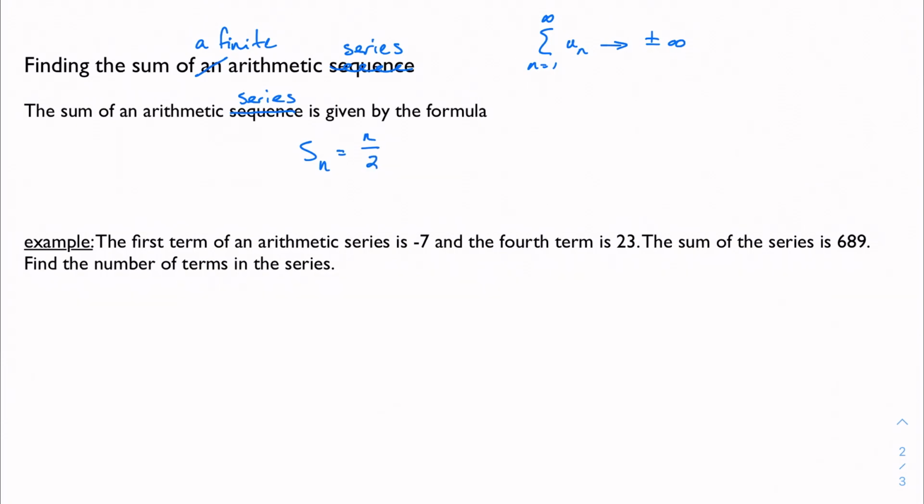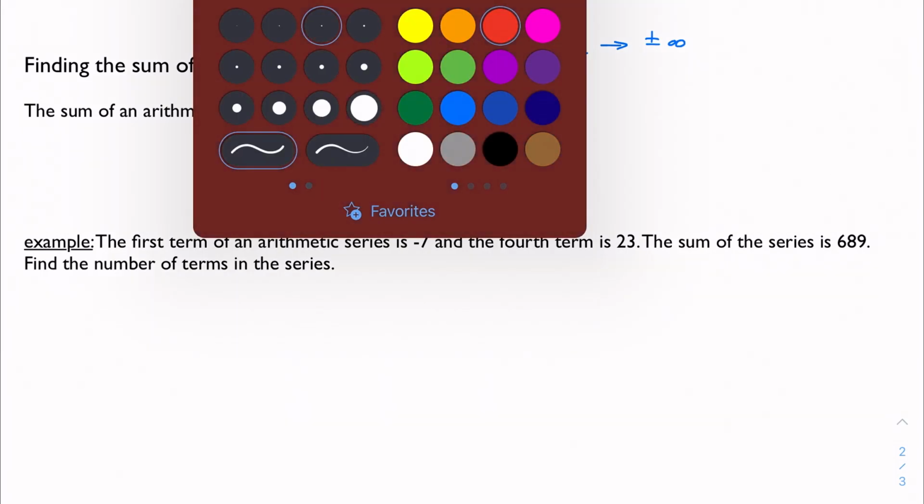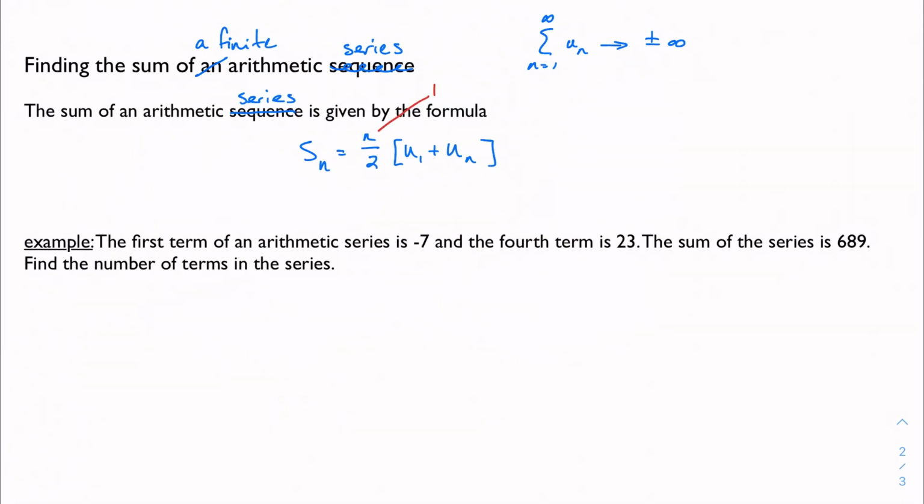It's half of the number of terms times the first term plus the last term. And we'll show this in class, but for now, just kind of take it at its word. Where, again, n is the number of terms. So then Sn is the way of saying the sum of the first n terms.